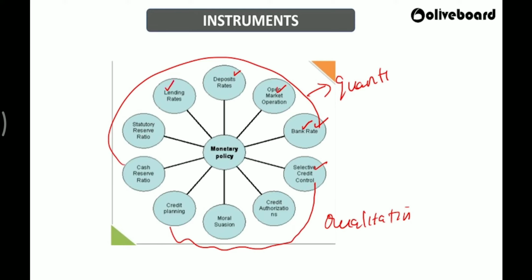Lending rate is nothing but the interest rate the bank charges when you go and borrow from the bank. If you keep on watching, the lending rates will keep on changing. One month it will be increasing, another month it will be decreasing. Why so? If the rate of interest increases, definitely people will not borrow.